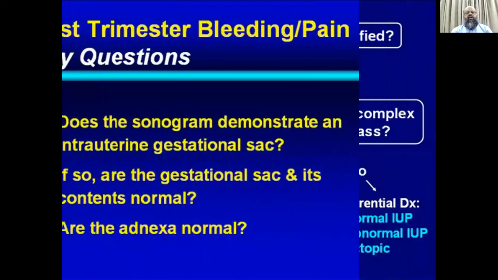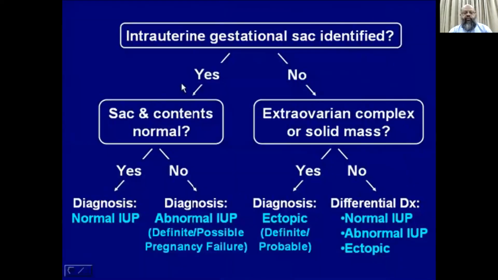Intrauterine gestational sac identified. If on ultrasound it is identified, we can have two situations. One is that it is identified, and the second situation is that it is not identified. If it is identified, we will look for the sac and contents, whether they are normal or not.